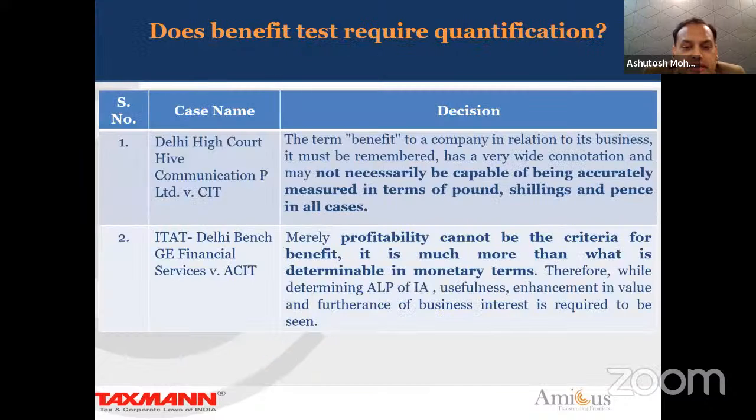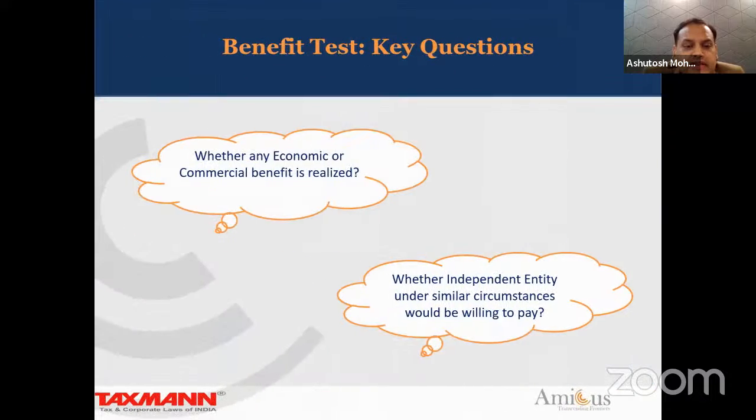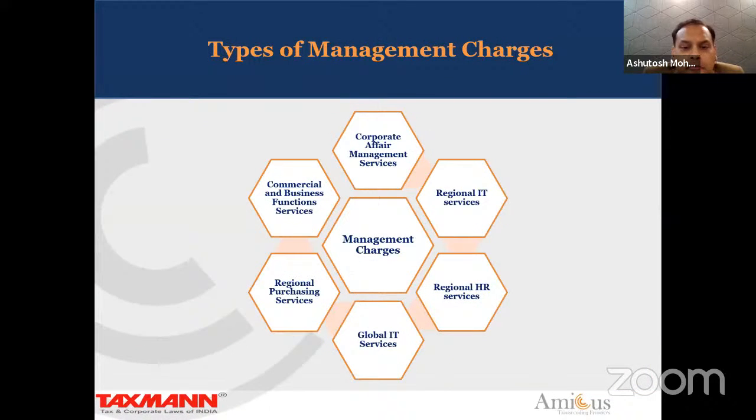The moot point is that if I am a centralized service provider and I'm rendering services such as IT services or HR services to the other entities in the group, how do I demonstrate the benefit to the tax authorities that yes, as a recipient of these services, I am getting these services from the head office and I'm benefiting from these services? Do I need to quantify the benefit? And more importantly, can the benefit really be quantifiable?